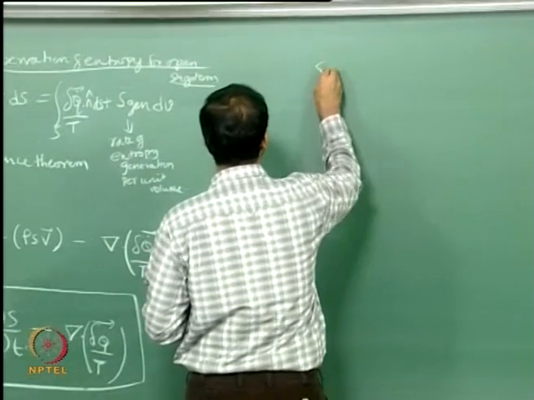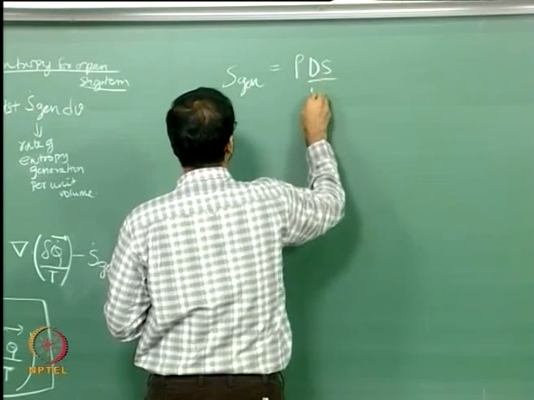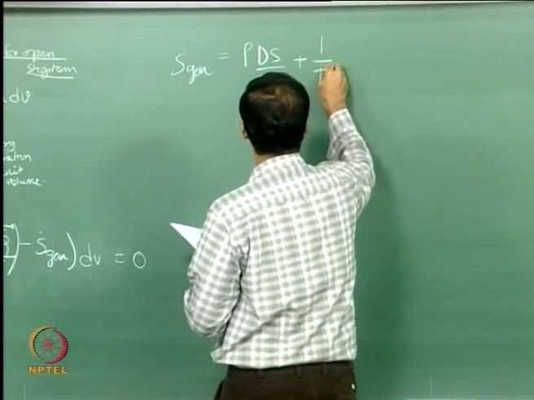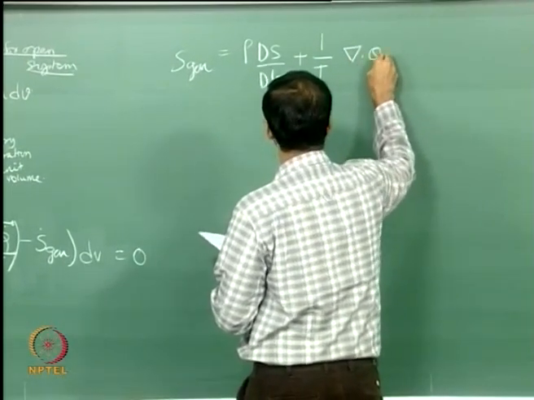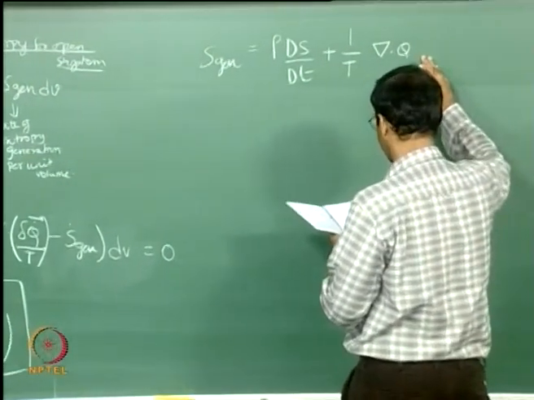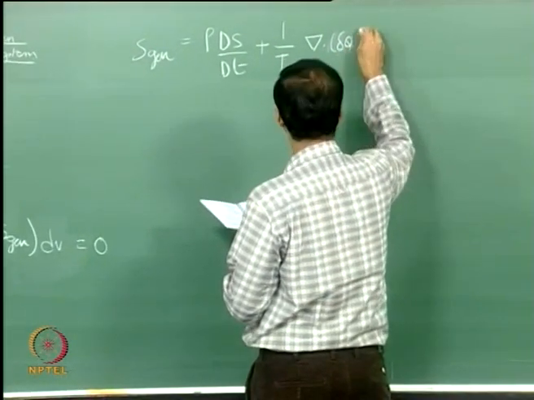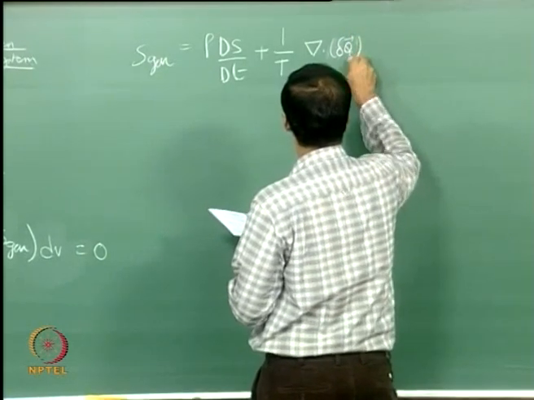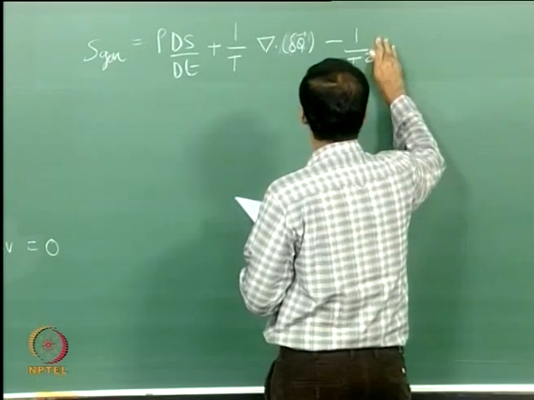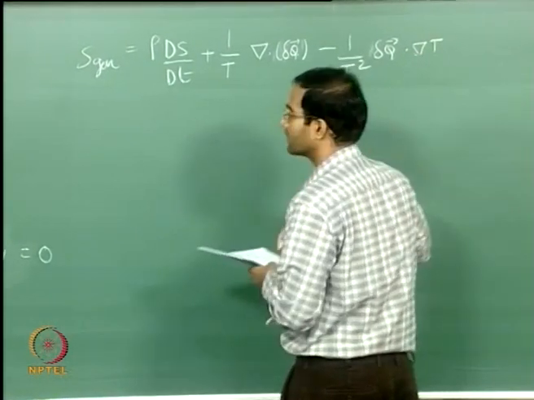So I can express this as S dot gen is equal to rho ds by dt plus 1 by T. So I can split it up, I can take 1 by T out, del dot del q, that is 1, the other term is 1 by T square del q dot del T, okay, right.